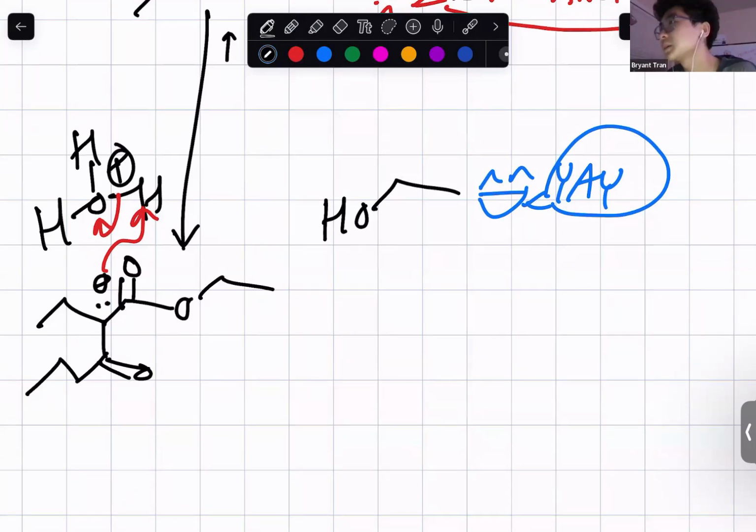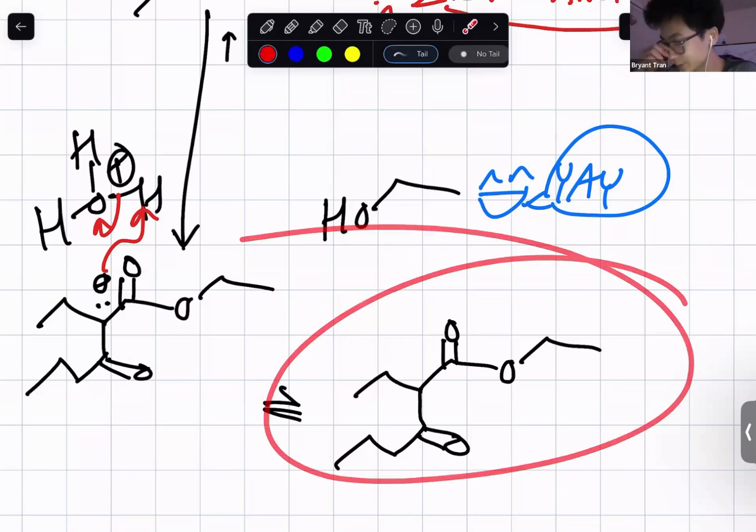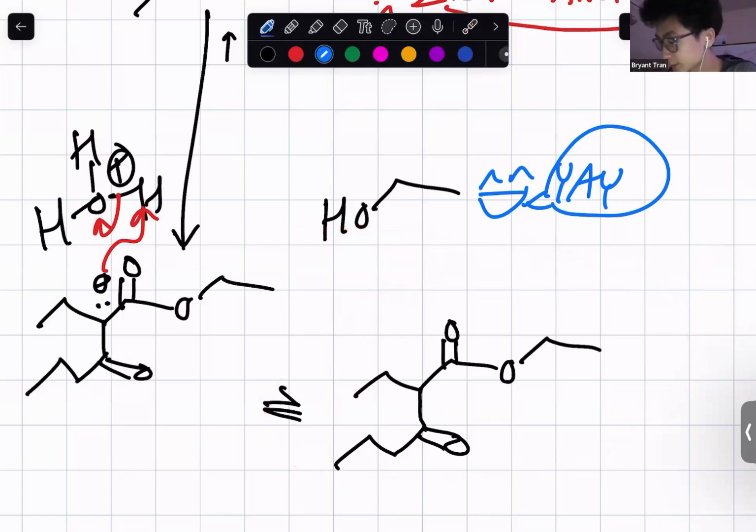It's going to be that right there. And this is a beta keto ester, like we talked about earlier, because this is the carbonyl carbon of the ester, this is the alpha carbon, and this is the beta carbon. At the beta carbon, there's a ketone. So this is a beta keto ester.